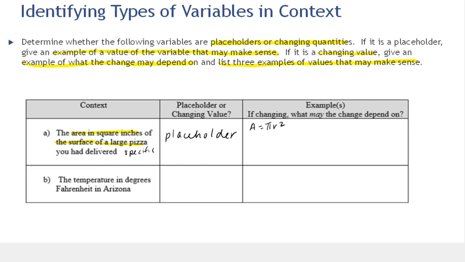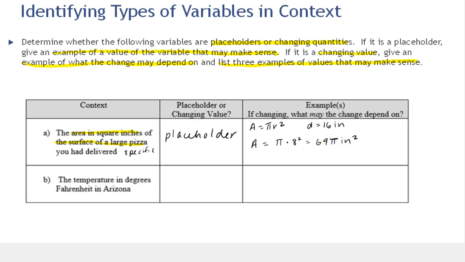So I'm thinking of my experience ordering large pizzas, and they usually tell you what the diameter is, the distance across. I'm going to say a large might have a 16-inch diameter. So a value that would make sense for the area is pi. The radius is half the diameter, so 8 squared, which is 64 pi square inches.